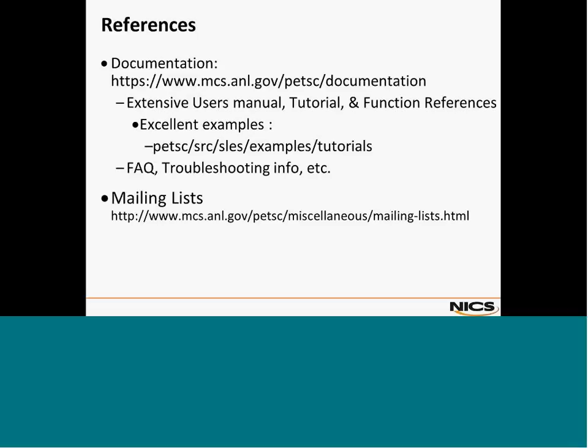It has very thorough documentation on the website. It also has different mailing lists if you need to ask questions, and these are the kinds of resources you can use.